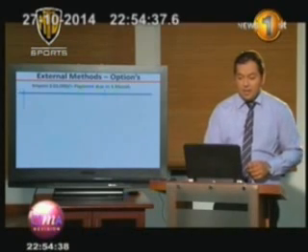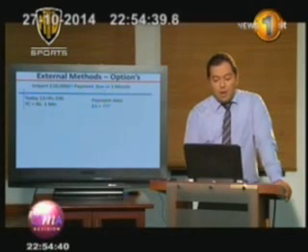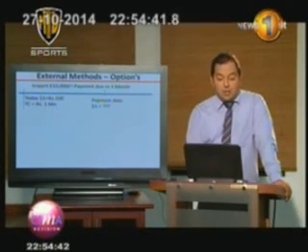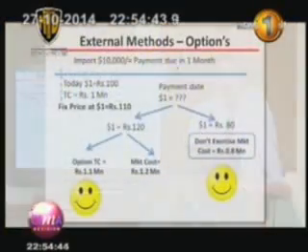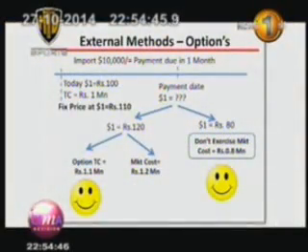How does it work? Same scenario, you are worried about your total cost increasing as a result of an adverse movement in exchange rates. So you fix your price at $1 is equal to 110 rupees, and you have two possibilities. Like earlier, the dollar goes up to 120, or the dollar goes down to 80.